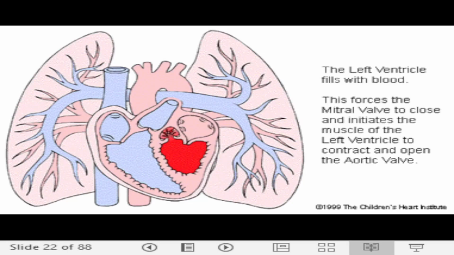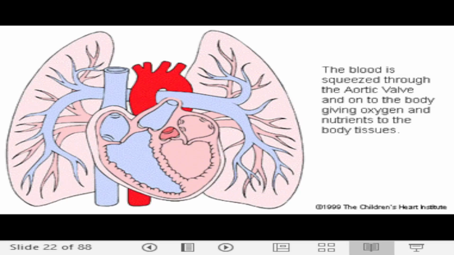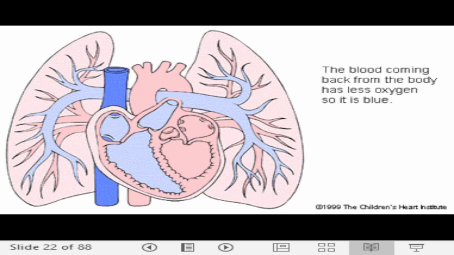Then the left ventricle contracts, and the aortic valve opens, then the blood enters the aorta, and from the aorta, the blood rich in oxygen is delivered to the body tissues. Then the blood coming from the body tissues goes back to the heart via the vena cava.